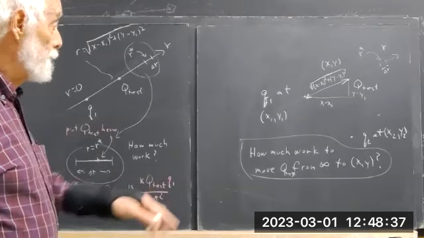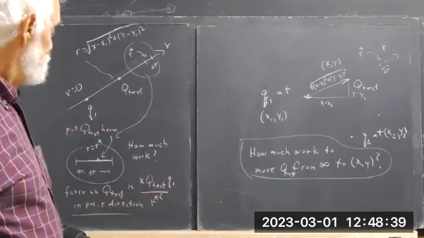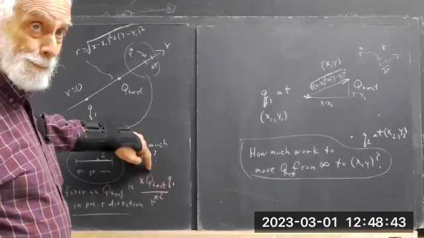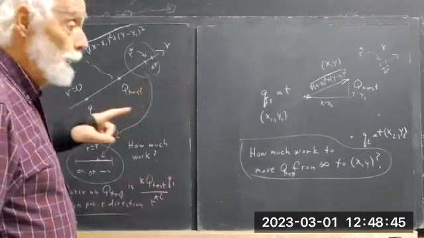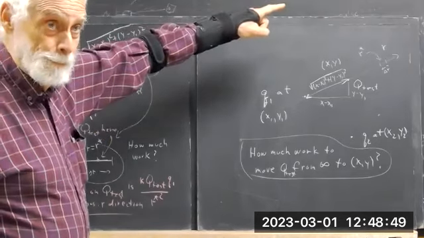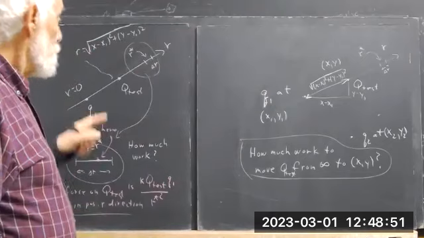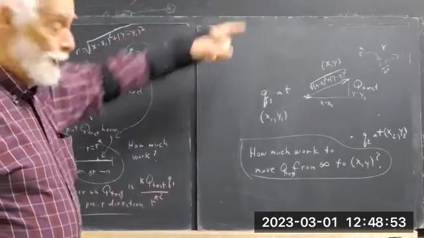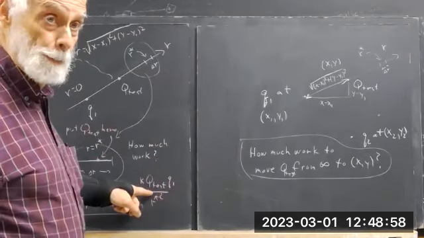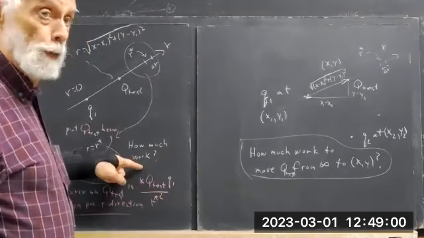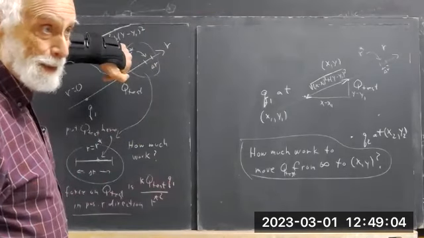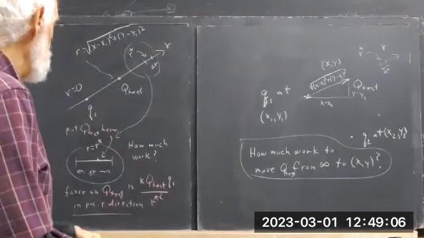If it's in the positive direction, and Q1 and Q test have the same sign, then it is directed away from R equals 0. It's directed toward infinity. Okay, so that's a positive R direction. If these have opposite signs, you get a negative here, right? Well, what's a negative force in this direction? It's in this direction. Okay, a negative sign reverses the force.